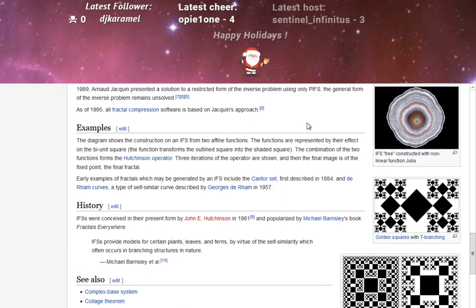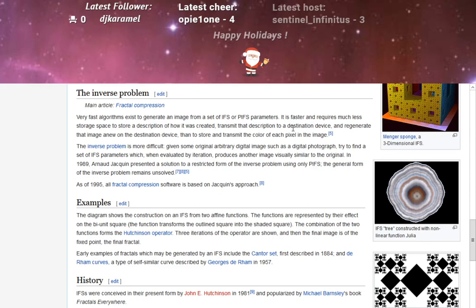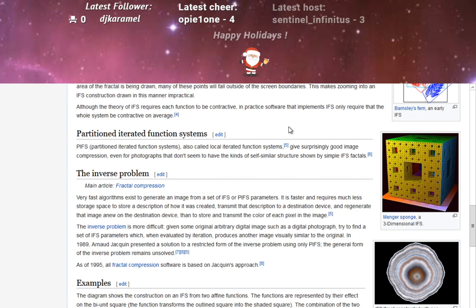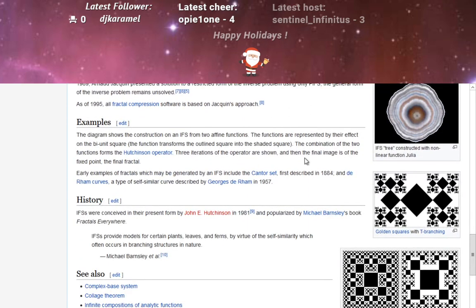I'm thinking IFS is an iterated function system. First described in 1884.